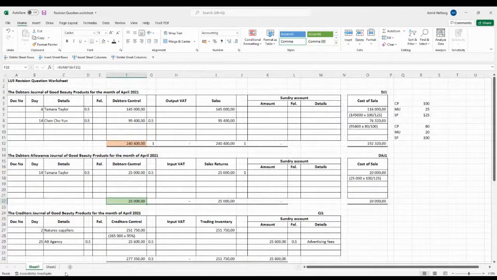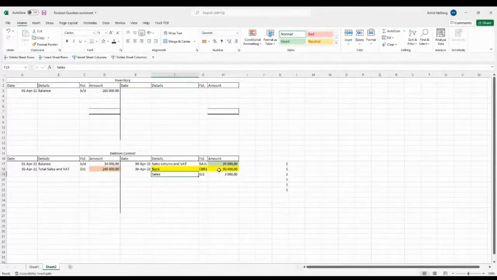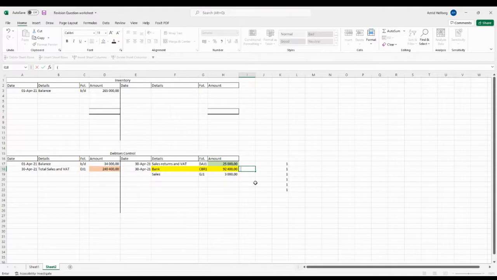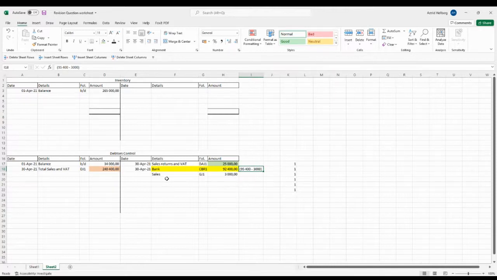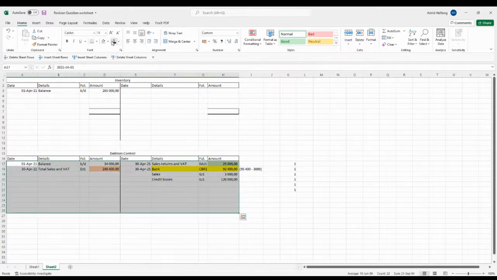So they have paid us 92,400, which is the 95,000 less the 3,000 discount. Then we've accounted for the 3,000 discount, which is in our journals. And then we have the written off credit losses as well. Now they said we do not have to balance this one. So that's all we have to account for.